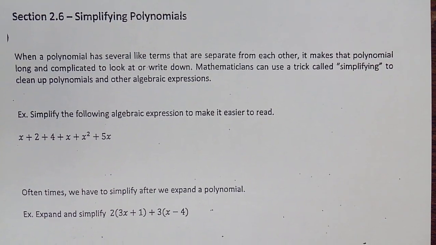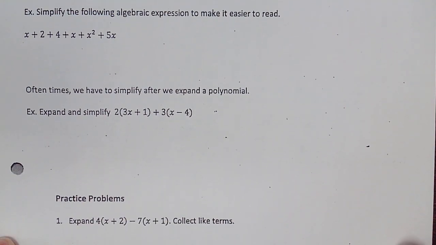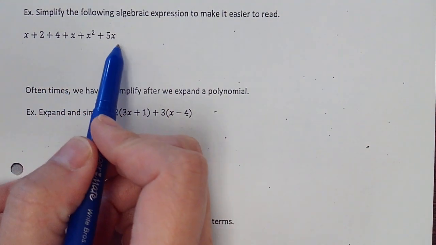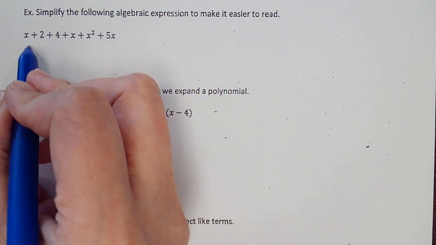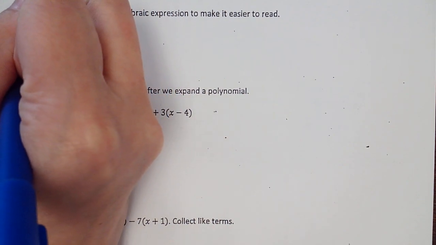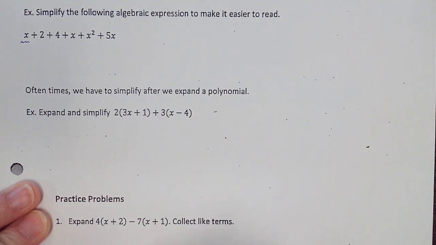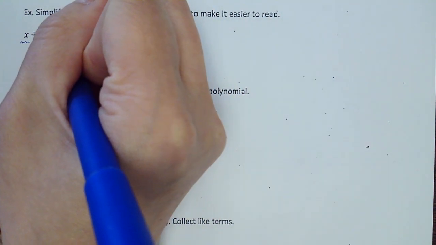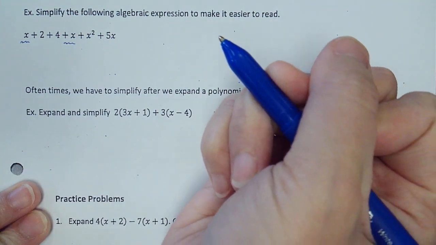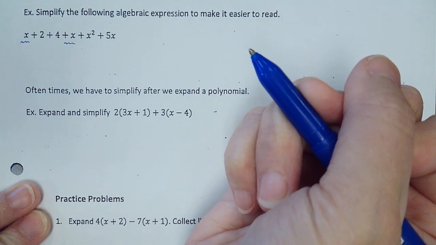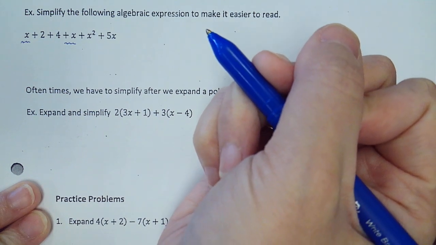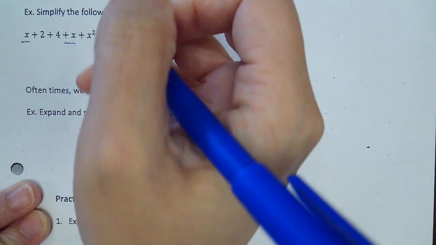All right, so simplifying polynomials. For the first example right here, what goes with the x? The other x. Yep, and? X squared. Oh, no. Oh, yeah. Yep, 5x, good.